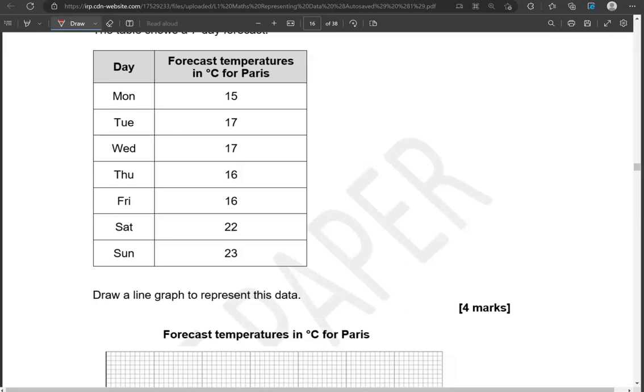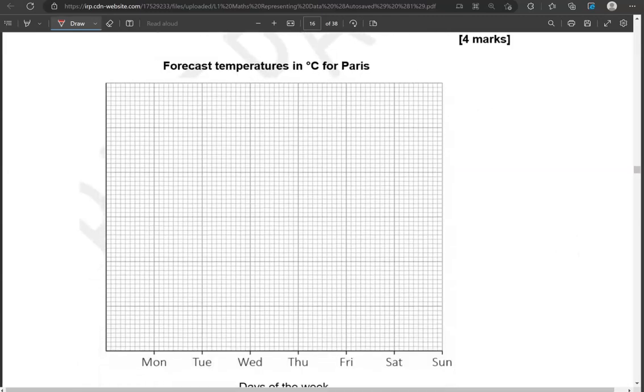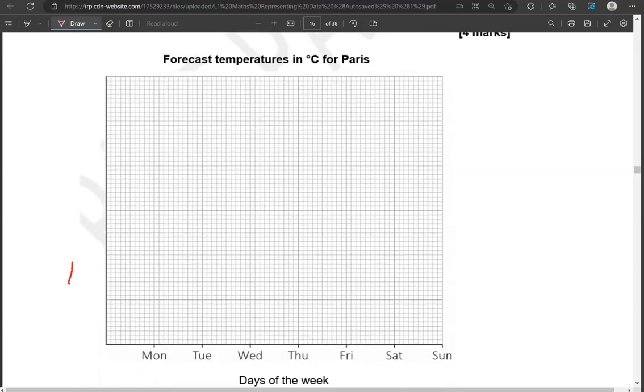So I'm going to say temperature in degrees Celsius, and it goes up to 23. So start with 0, 5, 10, 15, 20, 25, 30. That seems to work.